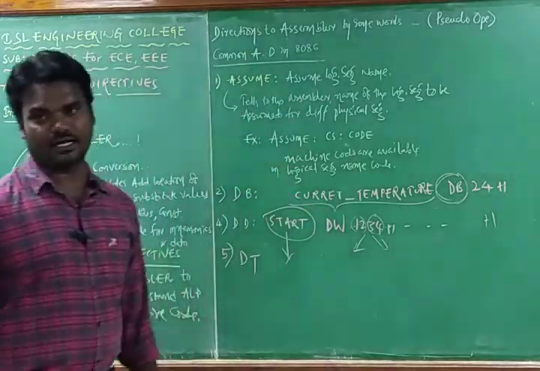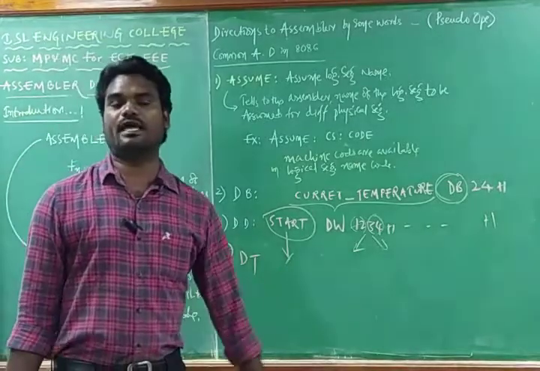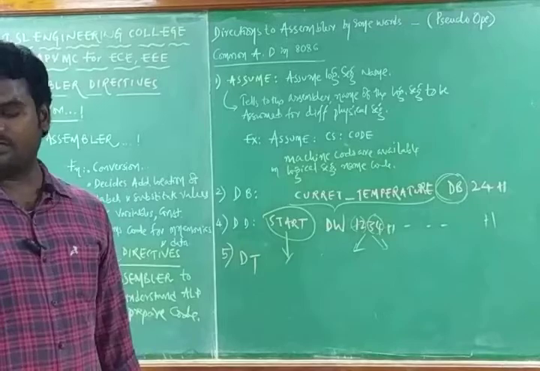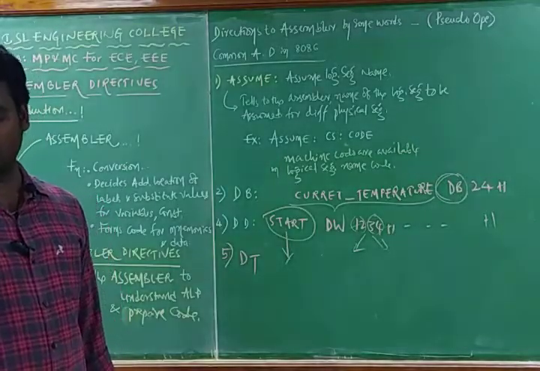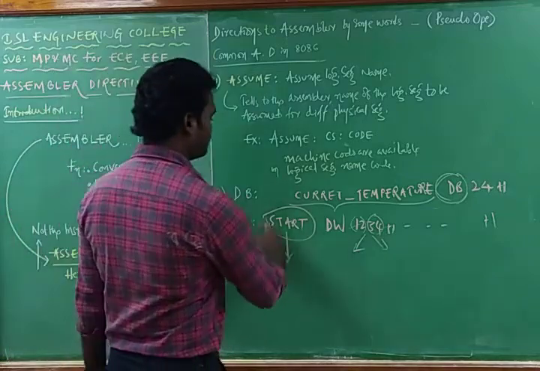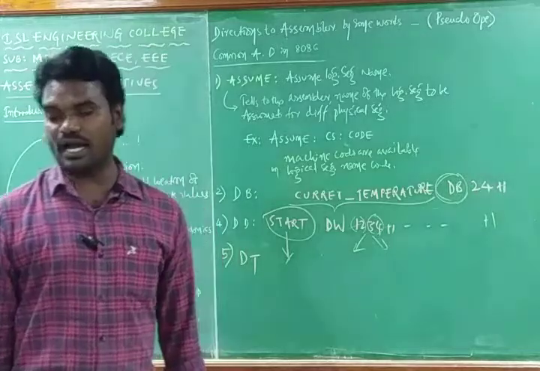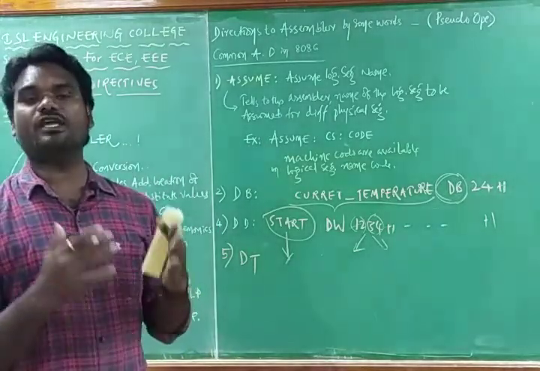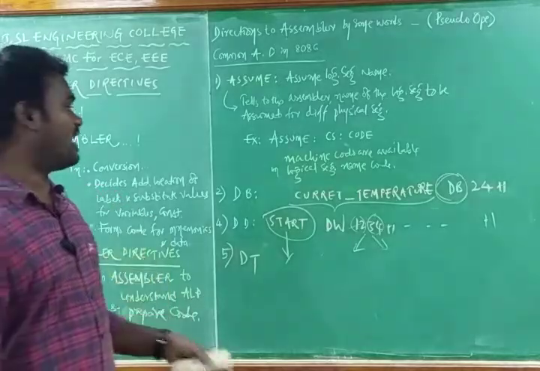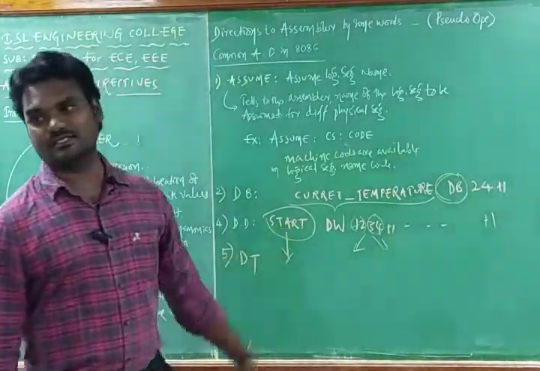Earlier we discussed 8 bytes and 10 bytes, and define word is 2 bytes. So the define word directive tells the assembler to reserve 2 bytes of memory for a variable named start. Here the first word is the variable name, start, and this directive directs the assembler to reserve 2 bytes of memory for it.